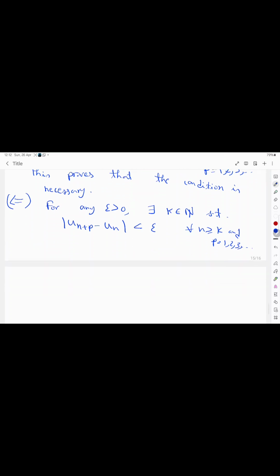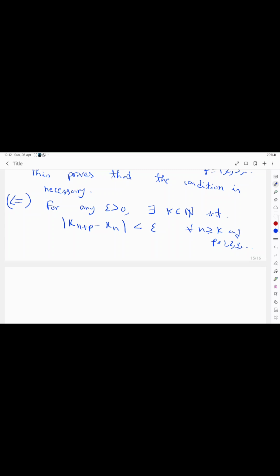You have this condition in your hand, but you have to prove xn is convergent to some number L, which is not provided. So how do I get that number L?